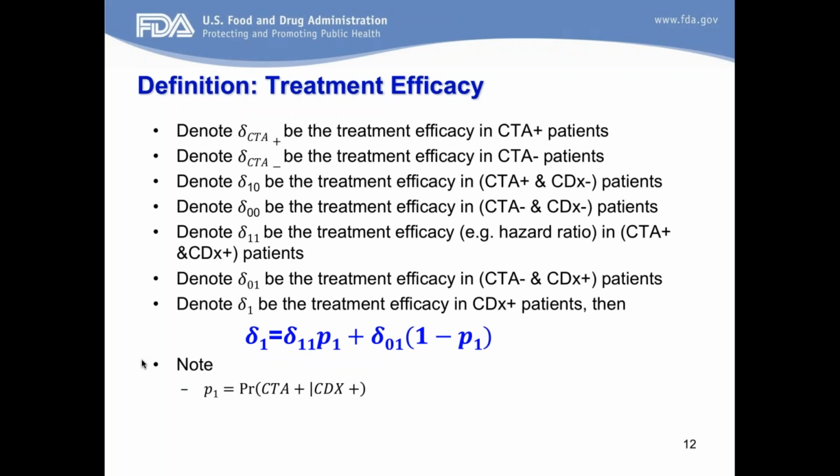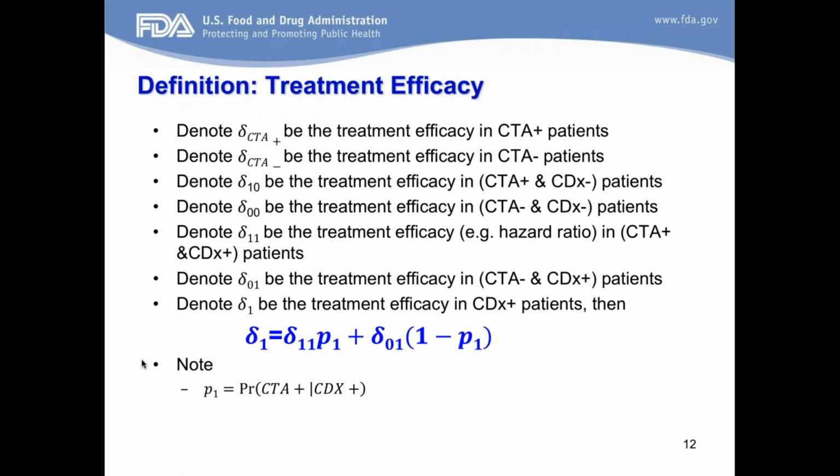So look at the highlighted blue formula here, delta 1. What is delta 1? Delta 1 is the treatment efficacy in the CDX population, for example, the log hazard ratio for the CDX positive population. Delta 11 is the drug efficacy in double positive. Double positive means CTA positive and CDX positive.